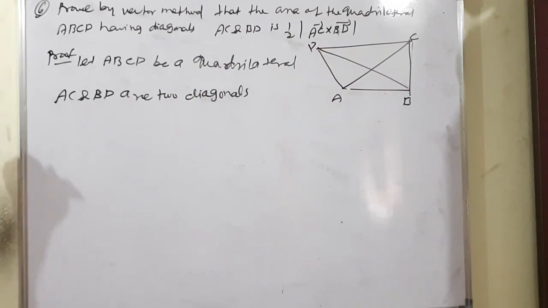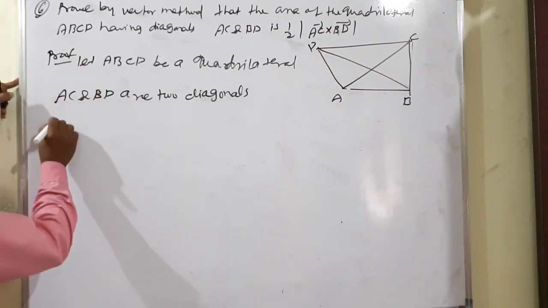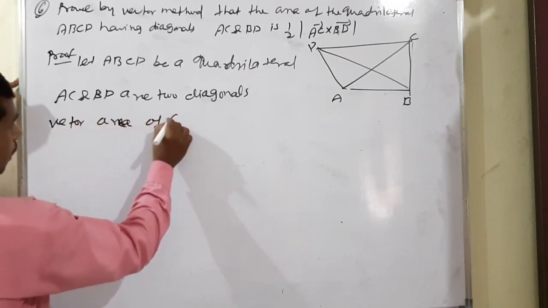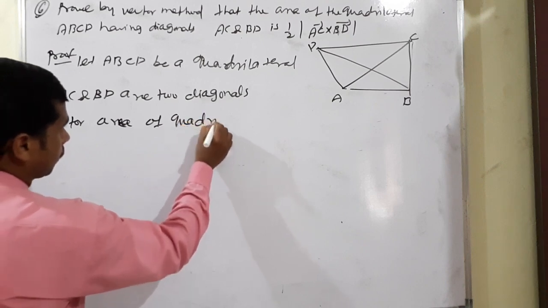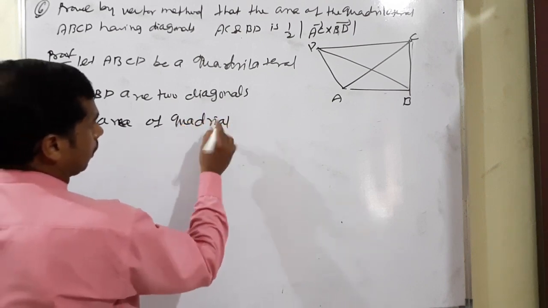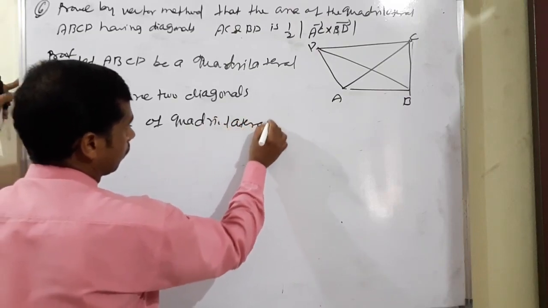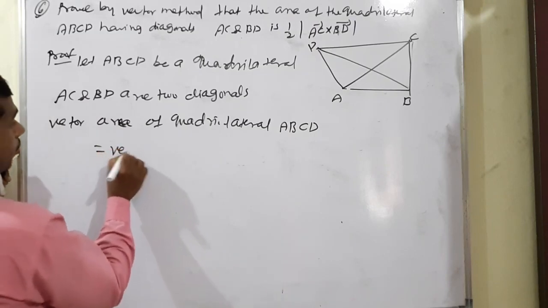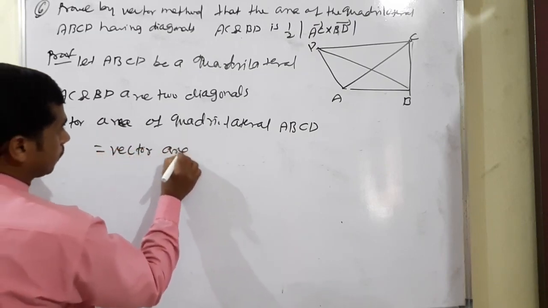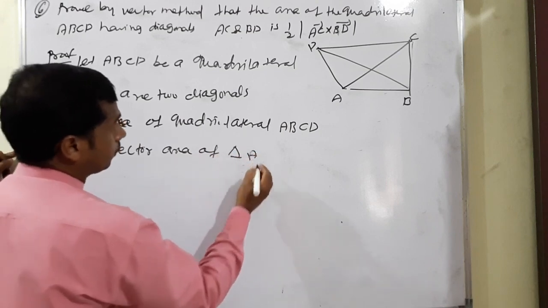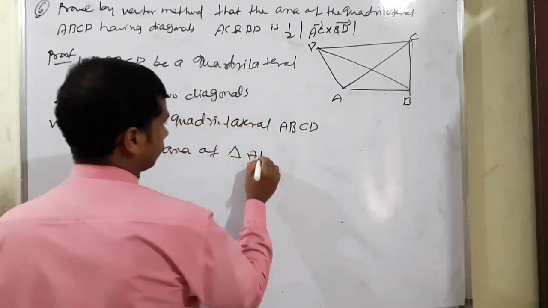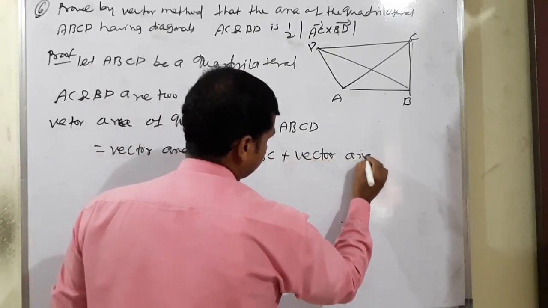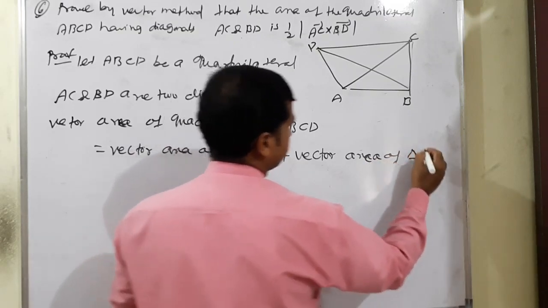Now the vector area of quadrilateral ABCD is equal to the vector area of triangle ABC plus the vector area of triangle ACD.